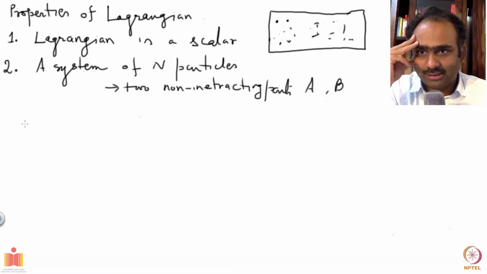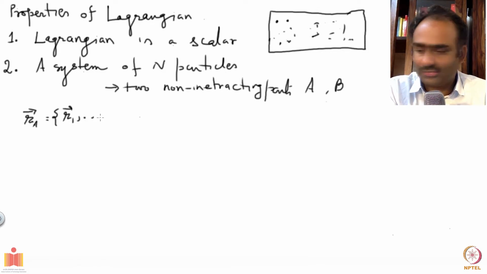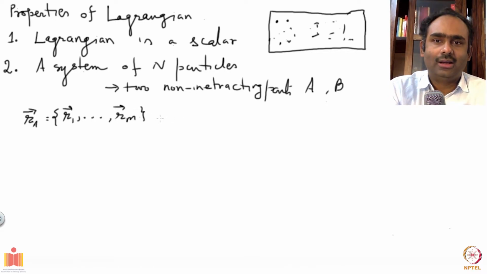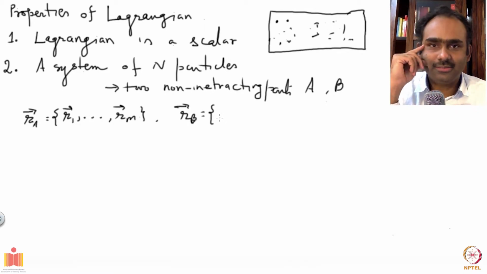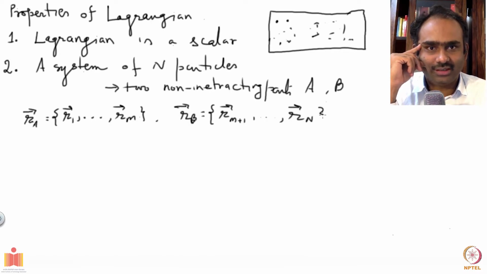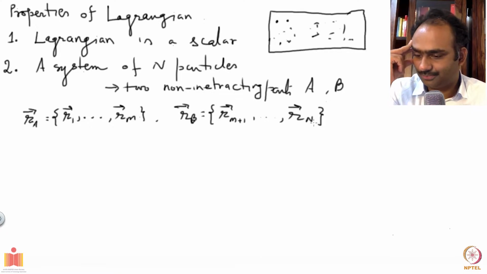Let me represent by R_A all the coordinates of the particles which belong to part A. So let's say r_1 to r_m belong to that set, and then R_B denotes all the Cartesian coordinates of the particles which belong to set B, and I write them r_(m+1) to r_n. So that makes a total of n if you look at both the parts.